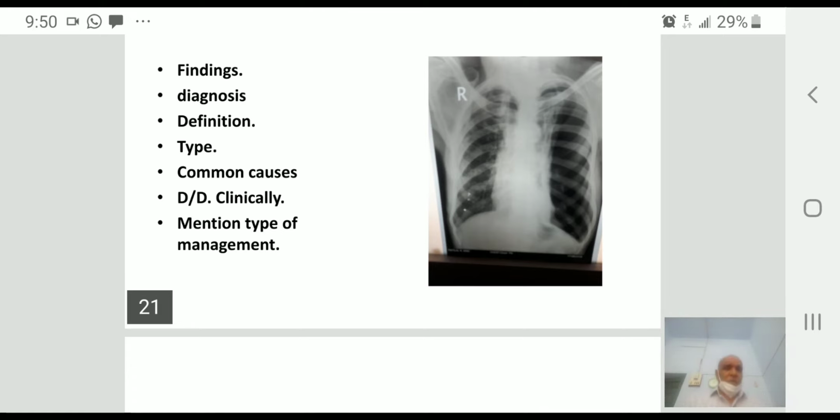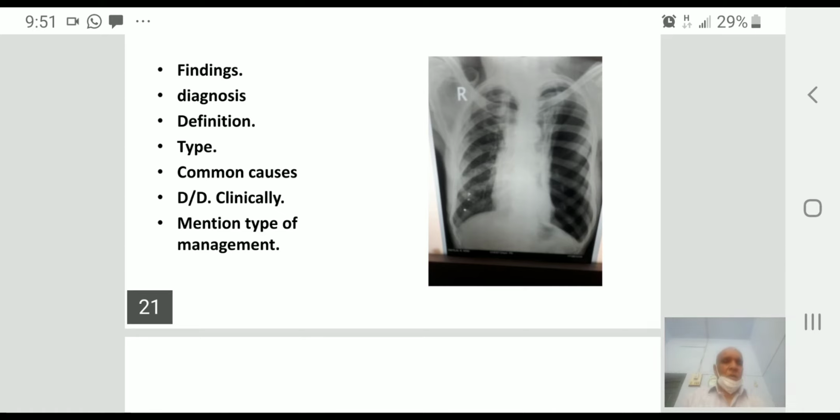There is a well demarcated inner border and absence of lung markings in the hyperlucent area, flattening of the dome of the diaphragm and contralateral shifting of the mediastinum. This finding is suggestive of left pneumothorax.